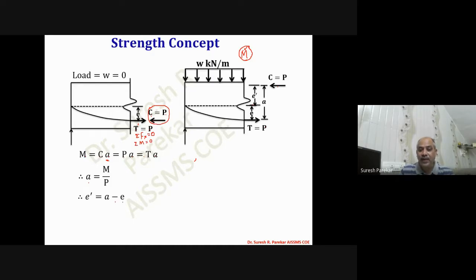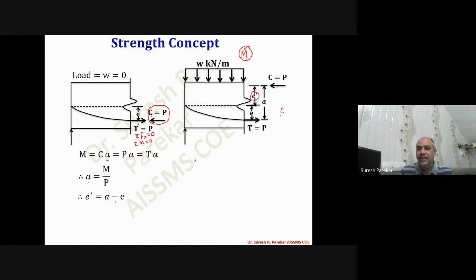And hence, once I know this e dash, we are going to get only two stresses. One will be due to pre-stress and the second will be due to the eccentricity of this C line from the centroid.